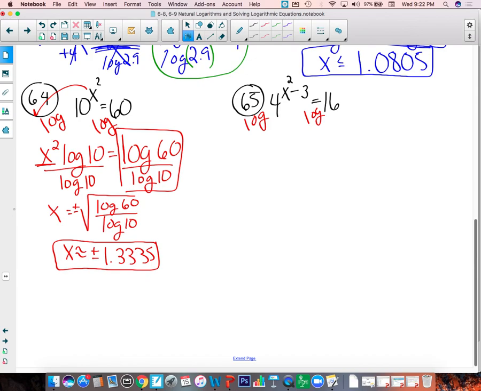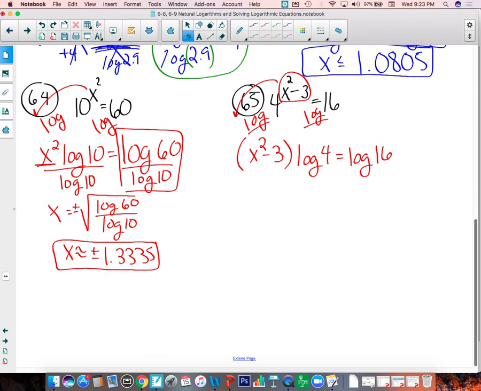And if you guys need a little bit more time to watch these or to watch me work through the problems, then the sub can pause it for you, and you can look at the work if you need to. I'm also going to send it to you guys, so you should be able to watch it in your free time. But for 65, log of both sides like I did there, that allows me to bring this whole group down out front. Okay, so I have x squared minus 3 in parentheses, and then log of 4 equals log of 16.